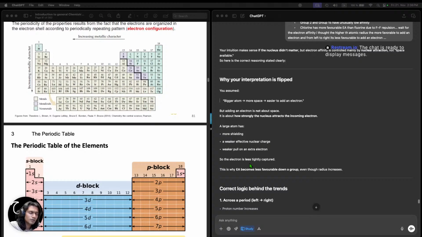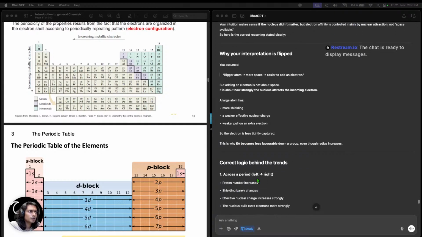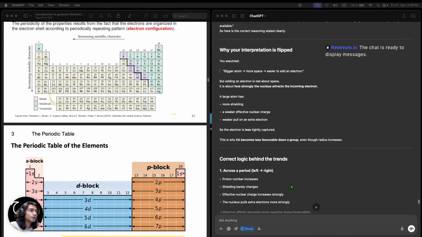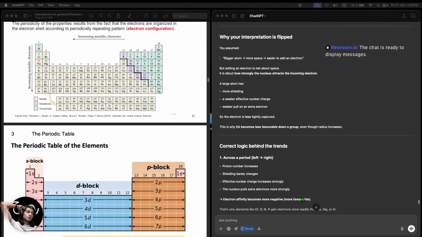Okay, this is why. Across the period, proton number increases, shielding barely changes, and effective nuclear charge increases strongly. The nucleus pulls the extra electron more strongly.